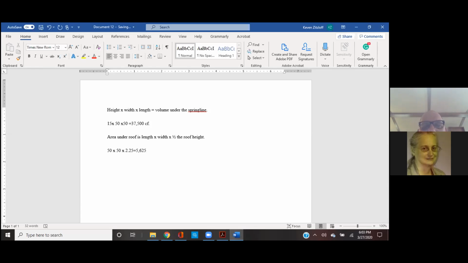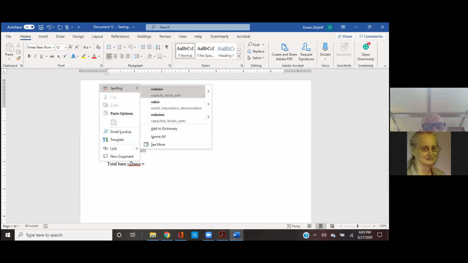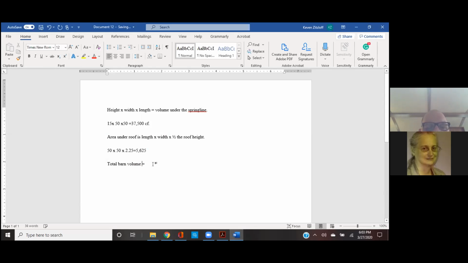So total barn volume equals those two joined together. Equals these two numbers put together.